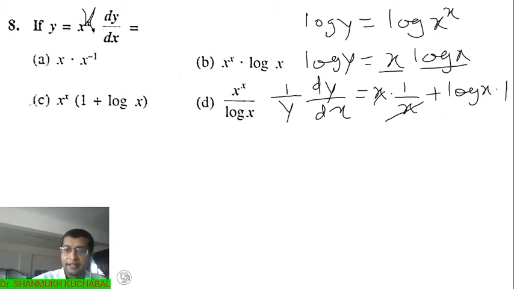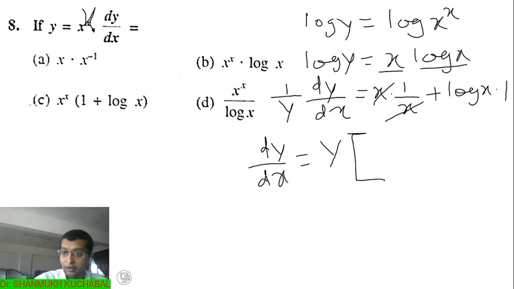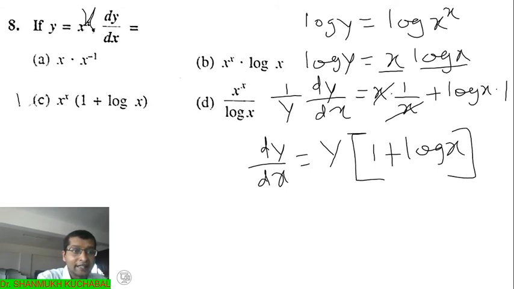Now x and x cancel. So dy by dx equals y multiplied by 1 plus log x. The y value is x raised to x. So option C is the right answer.